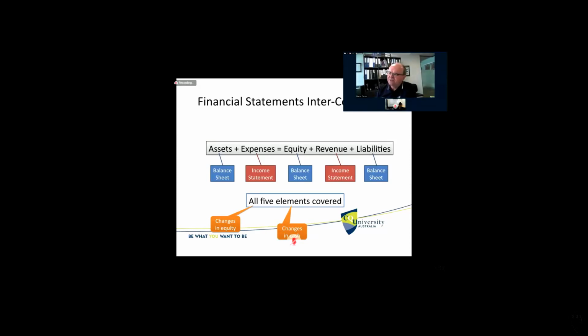But the day I turn up to the supermarket, buying some groceries, I swipe the card, and there's no cash left, I've got a real problem. This is not good. And the same with businesses. If you run out of cash, you're finished. So it's a very important item for equity investors to be on top of.